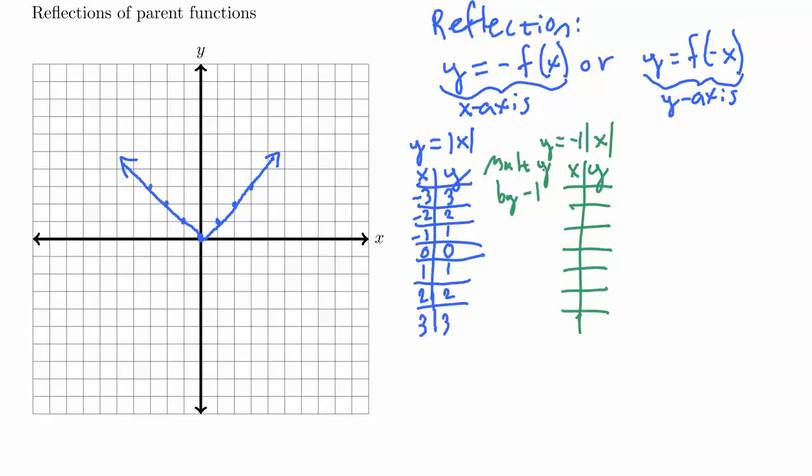Because we're affecting the y value, the x's all stay the same: negative 3, negative 2, negative 1, 0, 1, 2, and 3. Except the y values, I multiply by negative 1. So it gives me negative 3, negative 2, negative 1, 0, negative 1, negative 2, and negative 3. If I was to plot this, here's what it would look like.